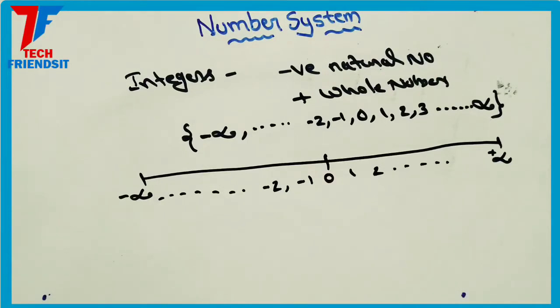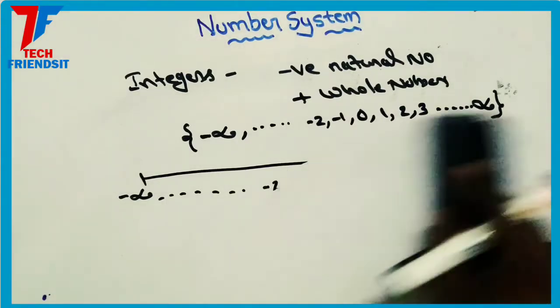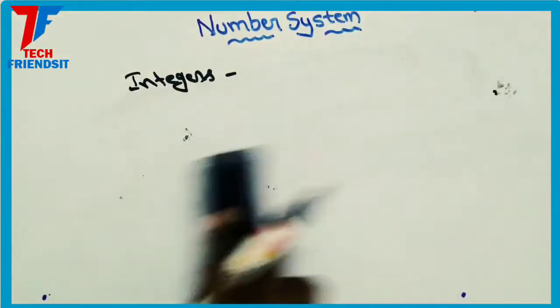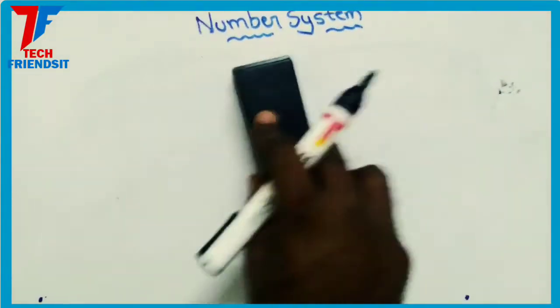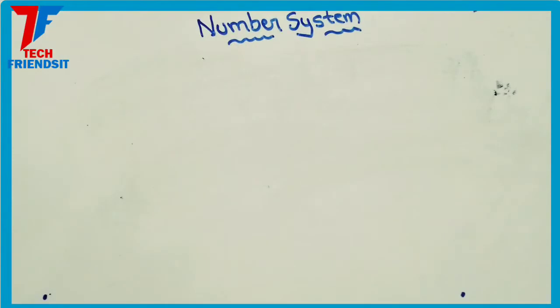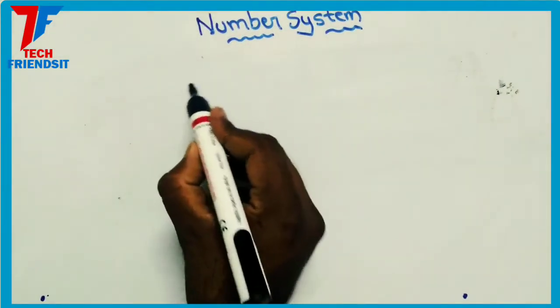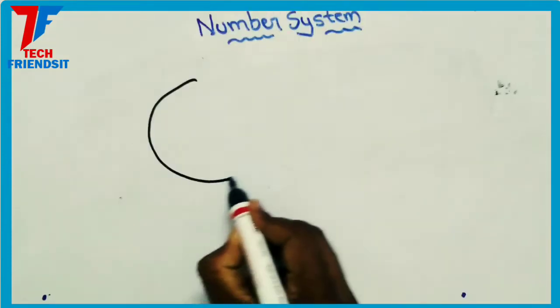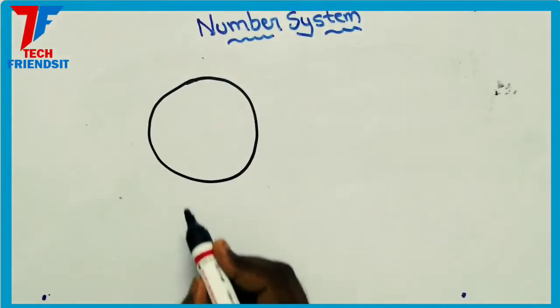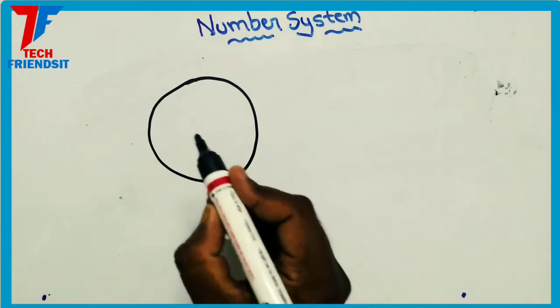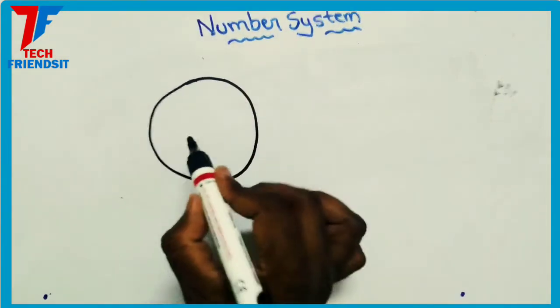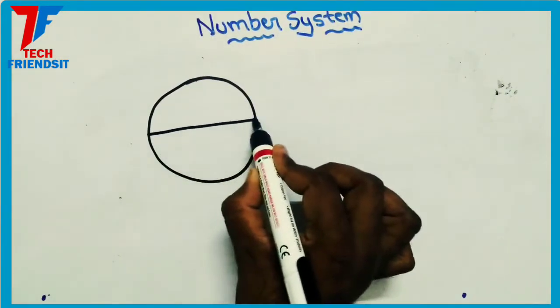Next we will learn about rational numbers. Before that, we need to know about what are fractions and what are decimals. Let's say we have one cake, okay? We can divide it into two parts.